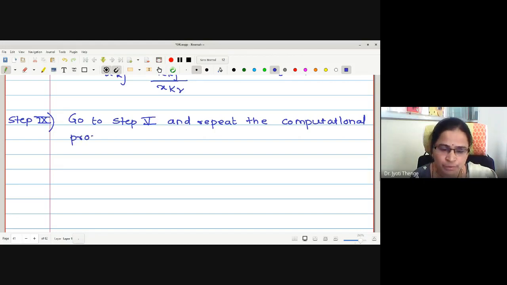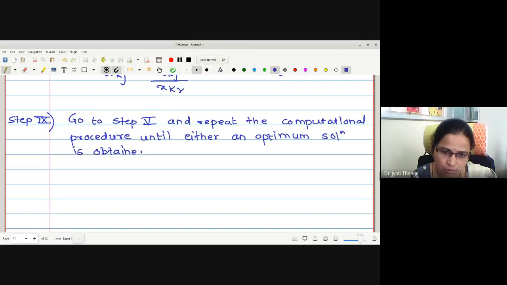Repeat the computational procedure until either an optimum solution is obtained or there is an indication of an unbounded solution.